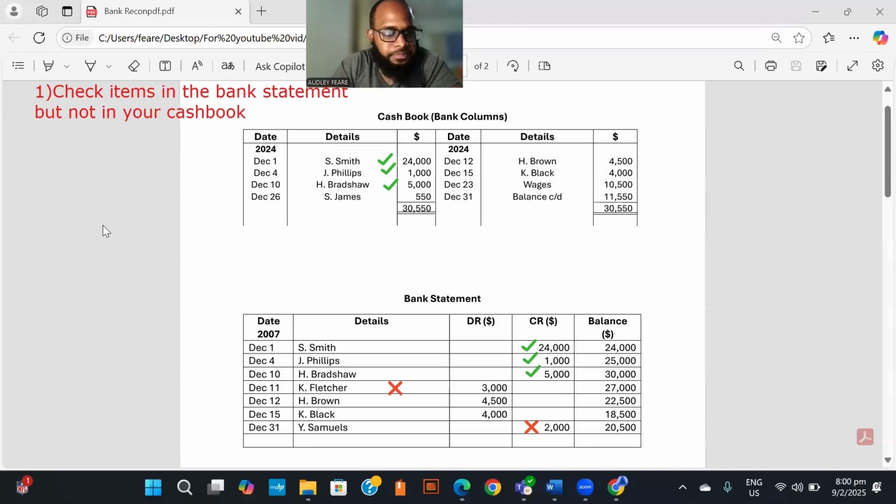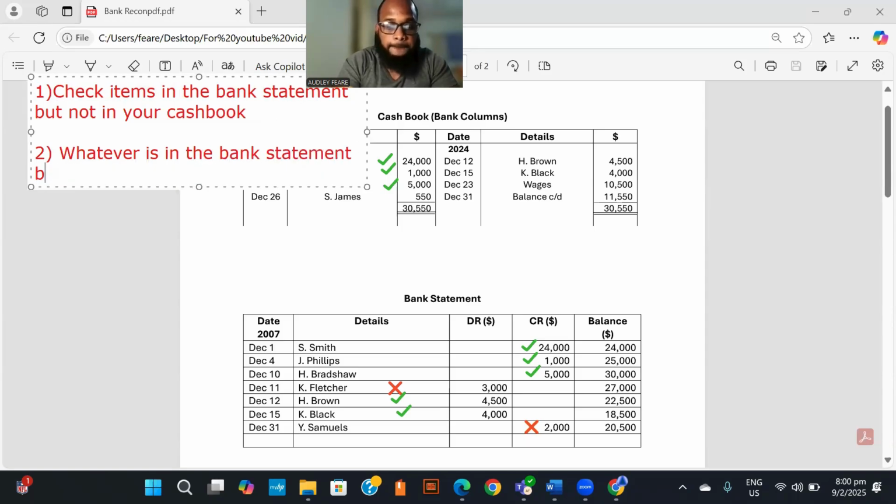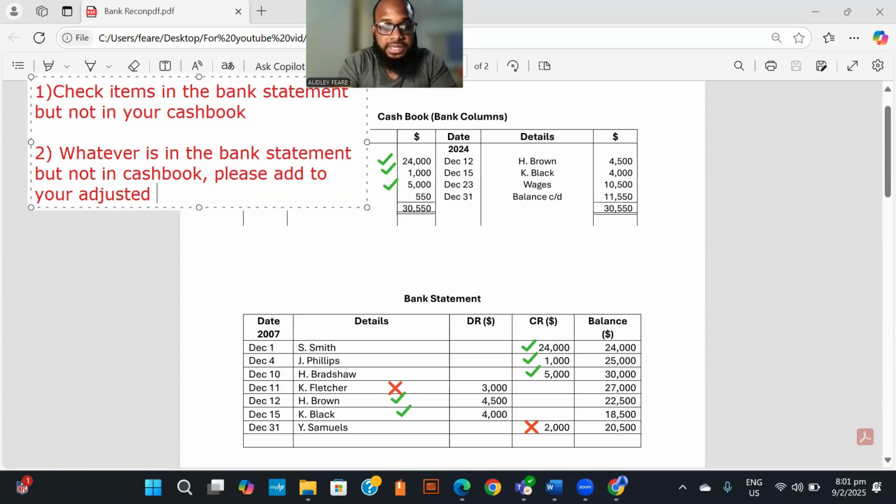So an X there. All right, we're seeing the 4,500. We're seeing the $4,000. So step two is whatever is in the bank statement but not in the cash book, please add to your adjusted cash book.